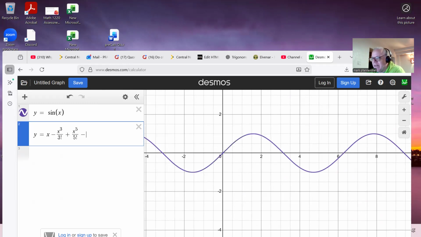We can say minus x to the 7th over 7 factorial, so divided by 7 factorial. And I don't want to write out 7 times 6 times 5 times 4 times 3 times 2 times 1. But you see that it got a little bit closer and it approximates it just a little bit more. If we take this out to infinity, the curves will be exactly the same.